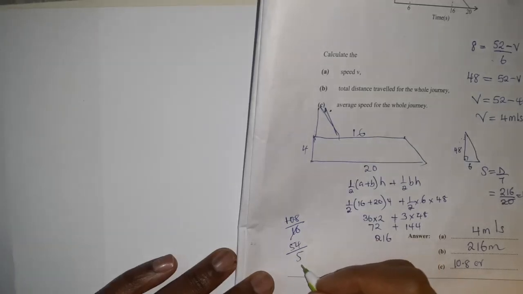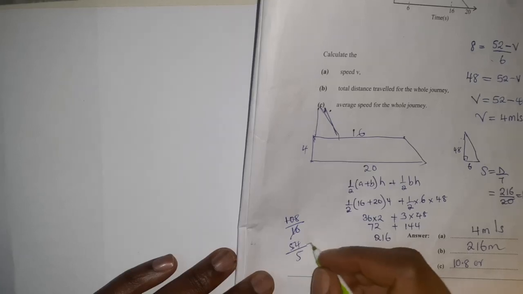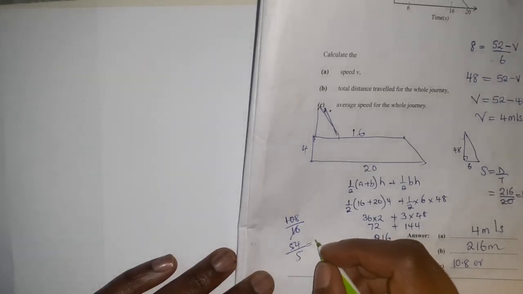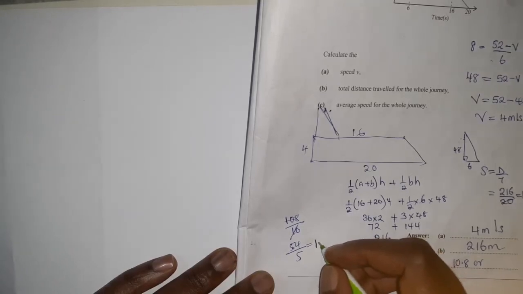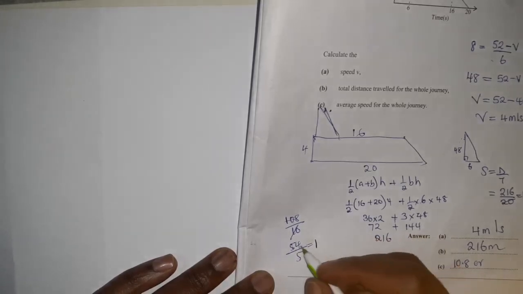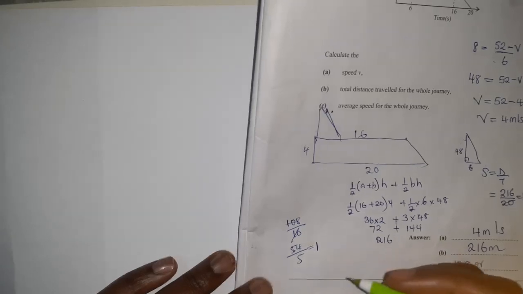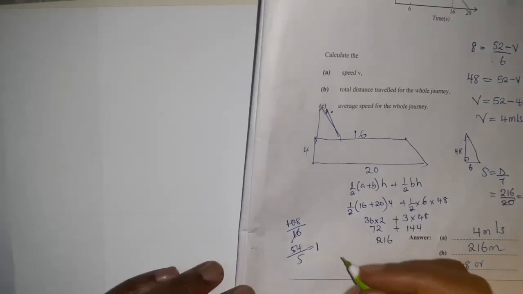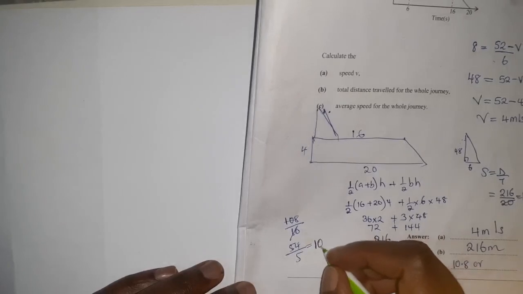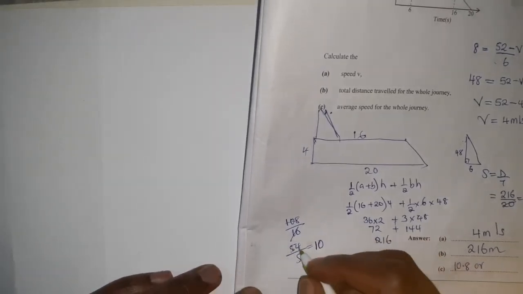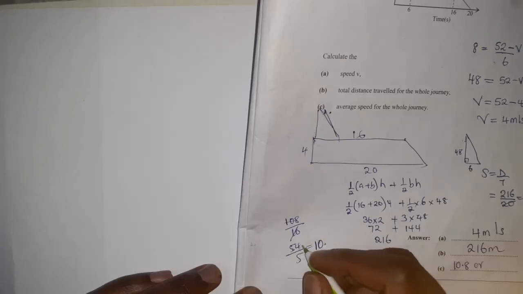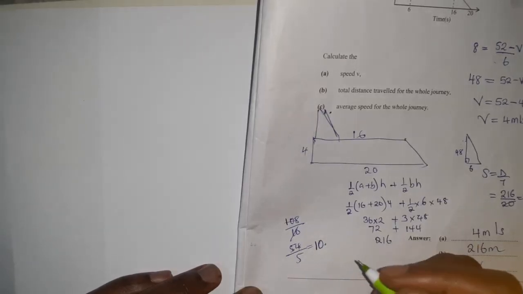So at this point we can say 5 here, it's 1. Then into 4, it can't go. So you add a 0 to this one, what do you get?